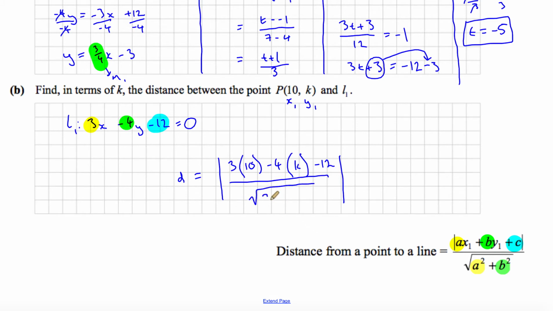So that's going to be the square root of 3 squared plus minus 4 squared. So tidying this up, 3 by 10 is 30, minus 4 by k is minus 4k, minus 12 still there at the end, all over the square root of 3 squared plus negative 4 squared, which is 5.